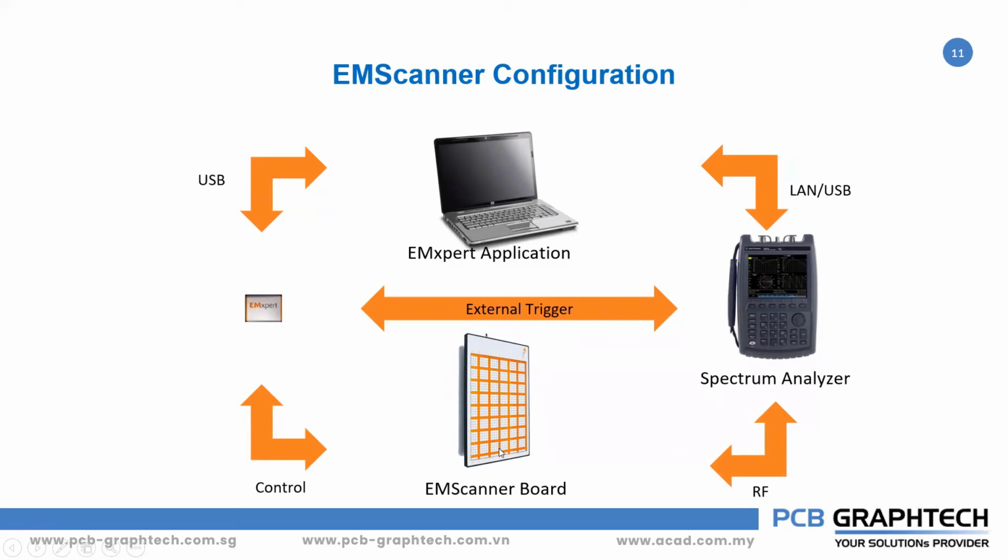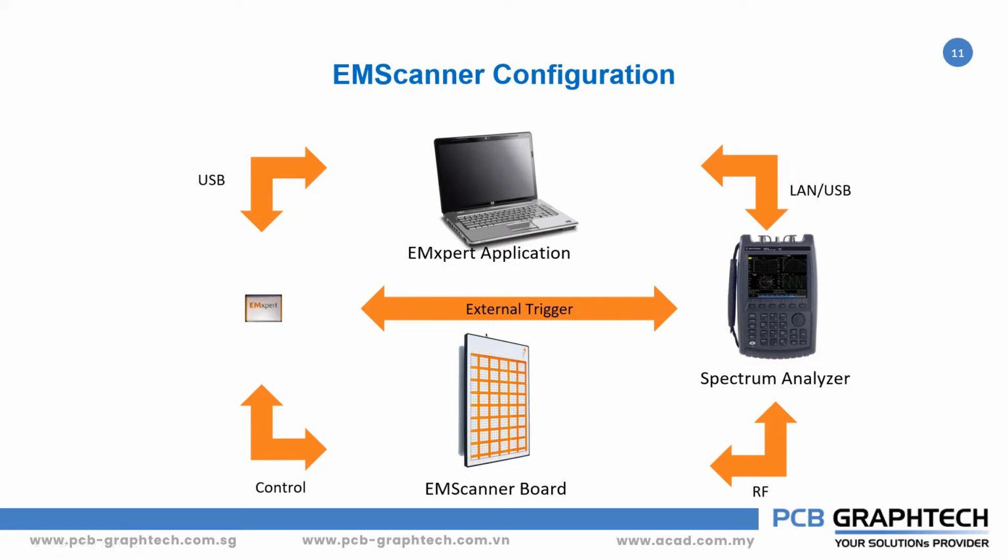You can see my EM scanner board here. This is the board which has the probes. The H field probes are here to capture the magnetic field above the EM scanner, and this data will be transferred to the spectrum analyzer to determine the frequencies of interest, at what frequencies we have the amplitude of distortions. This data will then be transferred to your software on the PC using your EM Expert software.